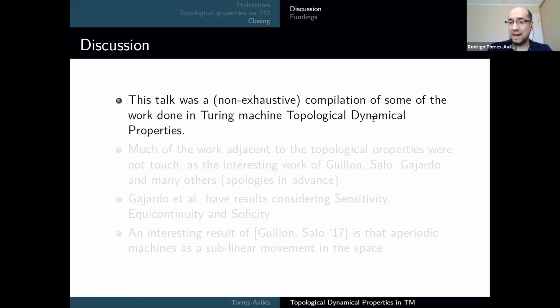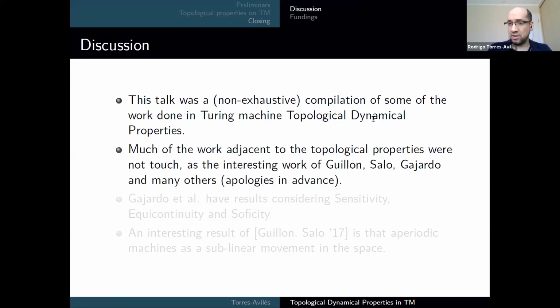This talk was a non-exhaustive compilation of some of the work done in the research of topological dynamical properties. The majority of the work adjacent to topological properties was not touched in this talk.